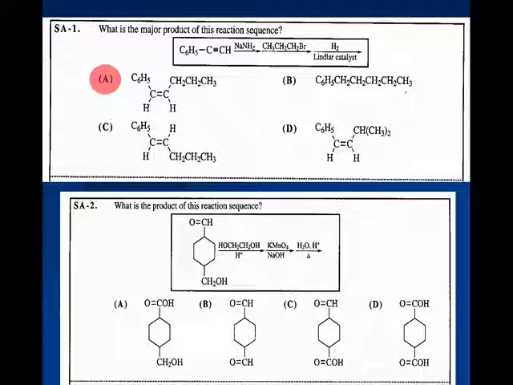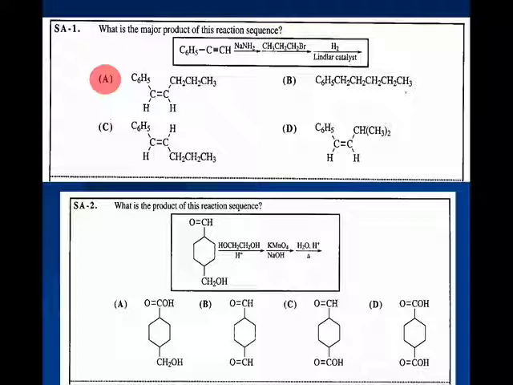What would we put here if we wanted the trans alkene? You were thinking about it, and I just mentioned it. H2 and palladium would give me B. You remember the dissolving metal reduction?